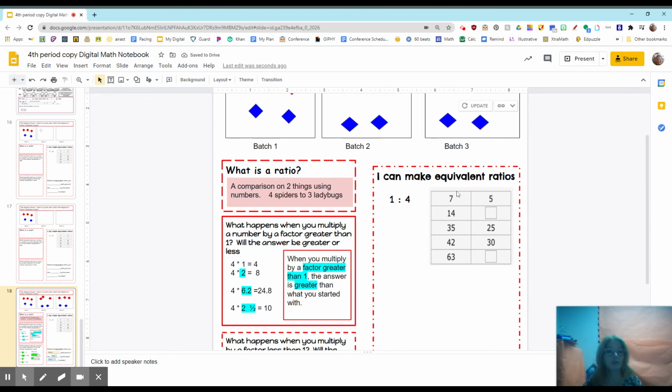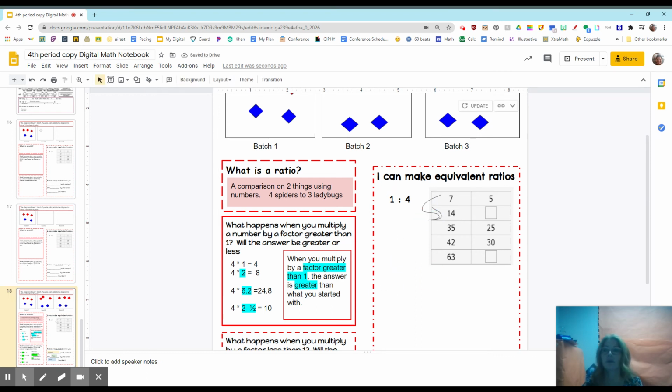So equivalent ratios. Now, some people today went, oh, 7, 14, we're just counting by 7, so I'm going to count by 5. 5, 10, 15, 20, 25. Oh, that doesn't work. It's not just counting by 7s, it's actually multiplying. So if I get my scribbler, what do I multiply by 7 to make a 14? 7 times 2 is 14.